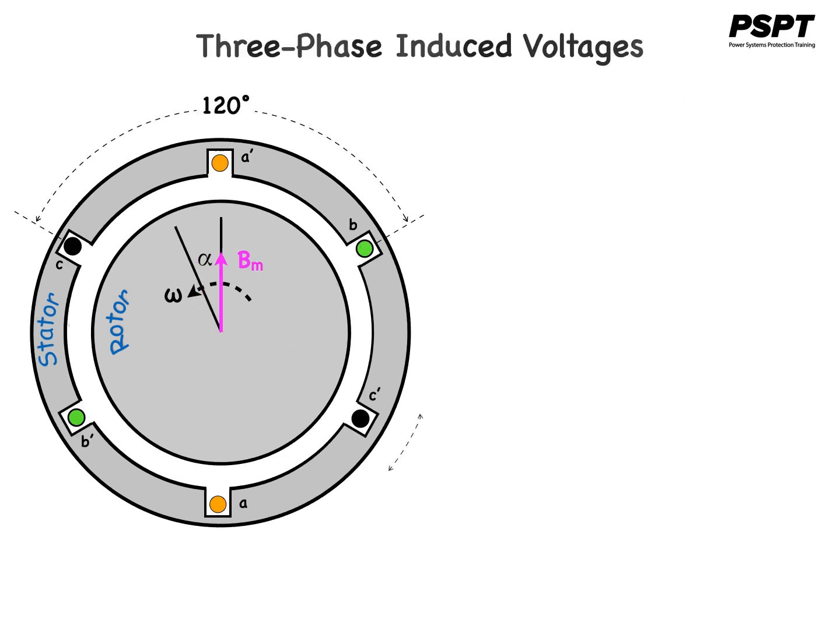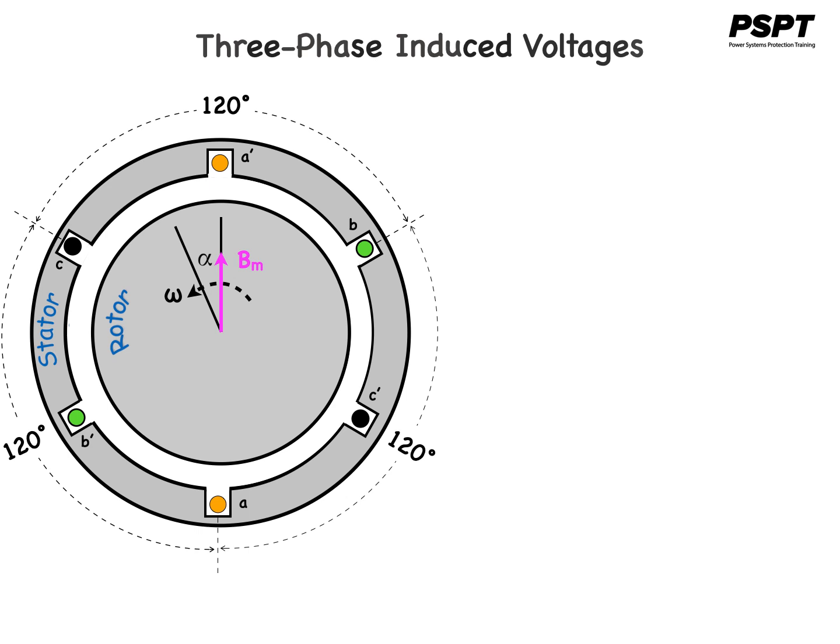If three coils, each of NC turns, are placed in the stator equally spaced at 120 degrees around the rotor as shown in this slide, then the voltages induced in each of them will be the same in magnitude but will differ in phase by 120 degrees.